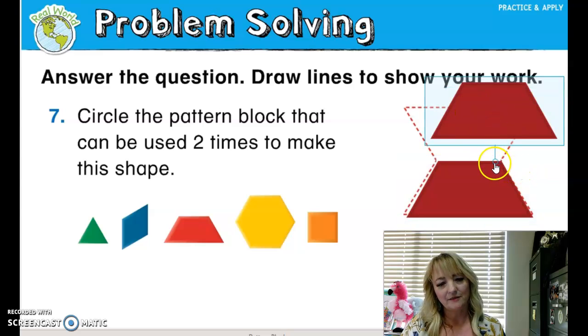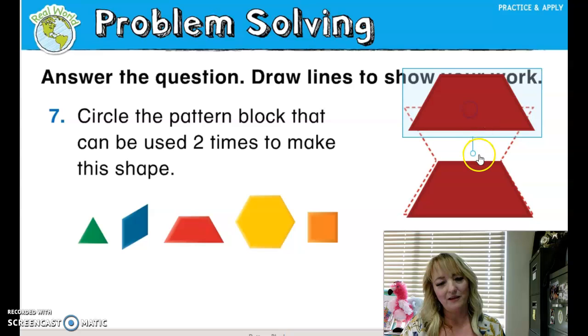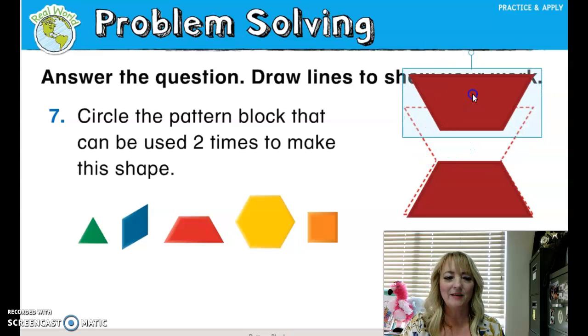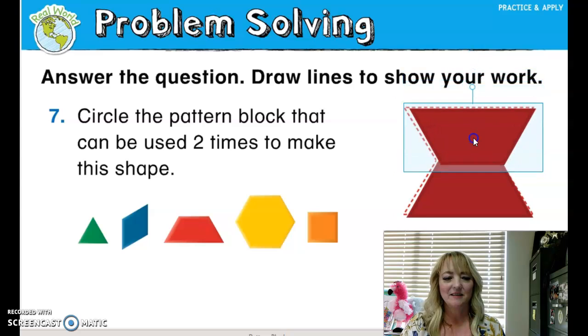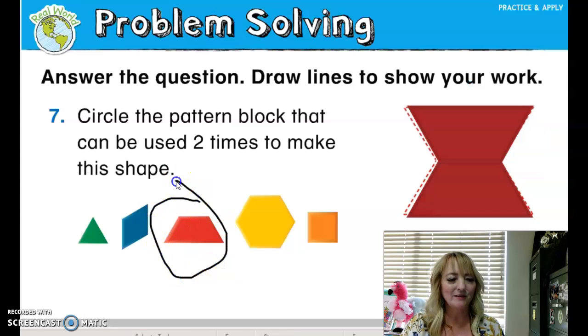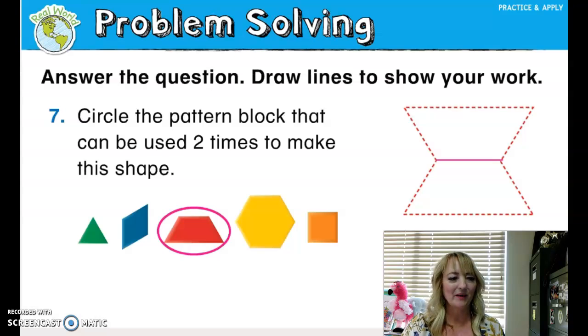Do you see that I need to flip it on its back side? Oh, there we go. Okay. So we used two trapezoids to make that composite shape. So now please circle the trapezoid. That is what we used to make that composite shape.